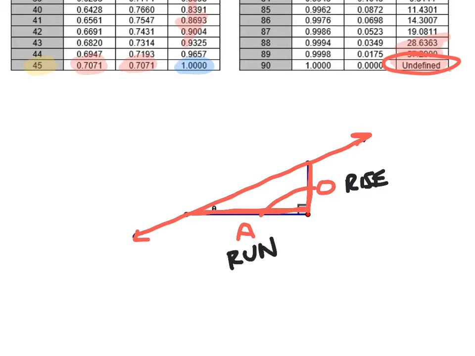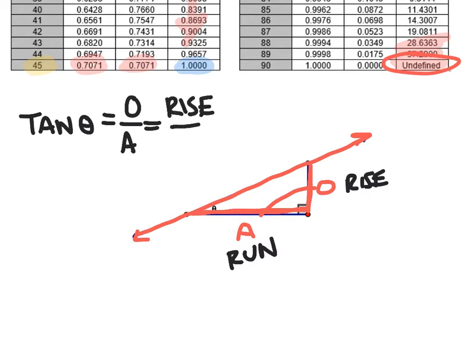Notice it's the same comparison of the group. So really what we just learned there is that the tangent of some angle is the opposite over the adjacent, but it also is basically the rise over the run. And in other words, we can say tangent is equal to slope.